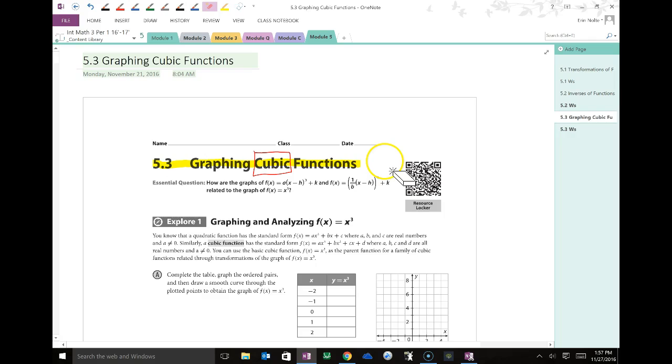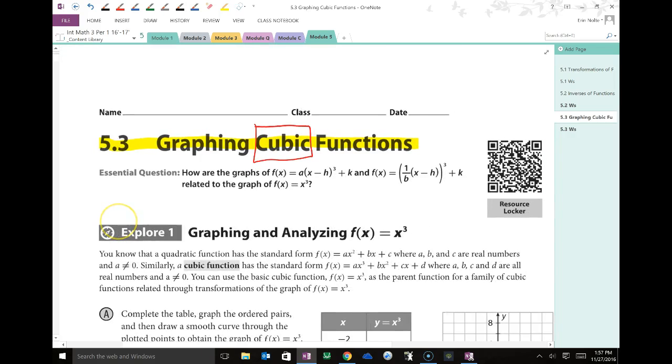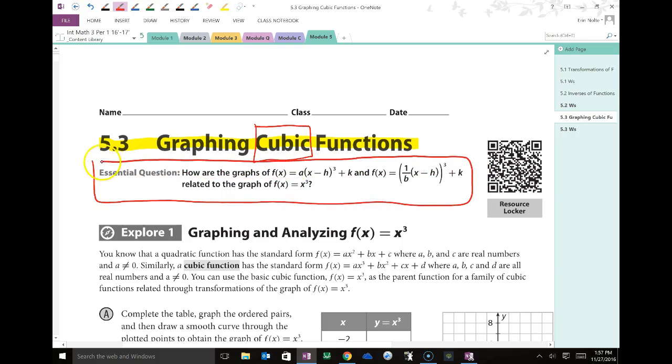Hopefully what you see right here looks slightly familiar to you. This right here is the form that we're going to be working in for this particular lesson. We have this one right here and this one right here. I'm just going to go ahead and combine this.